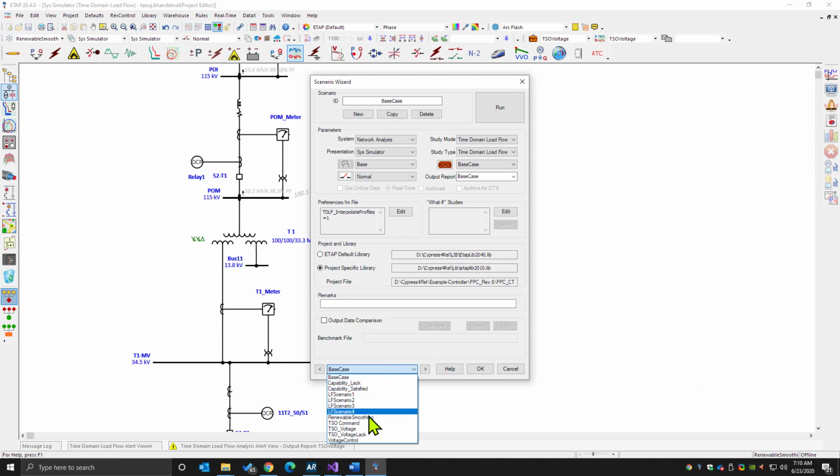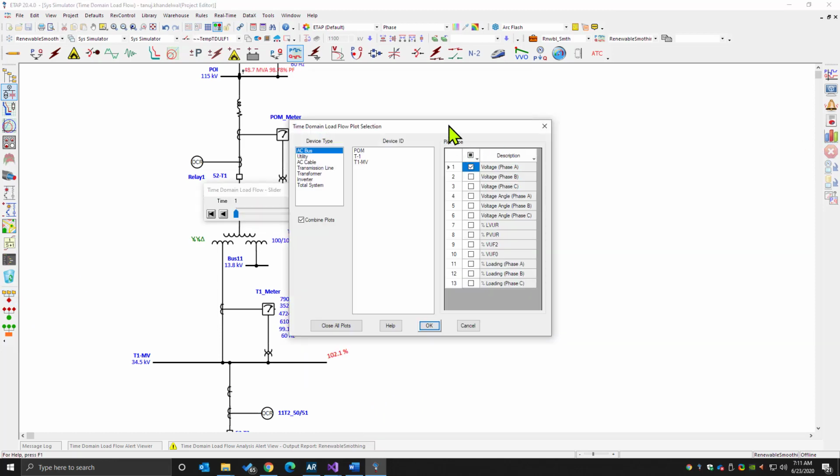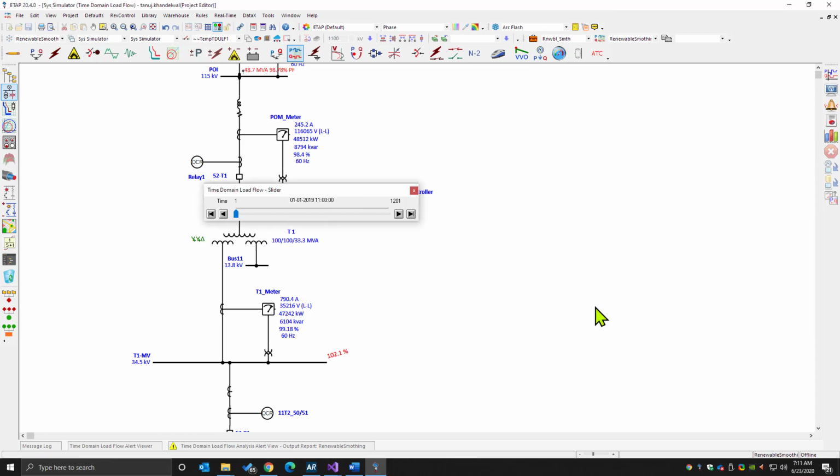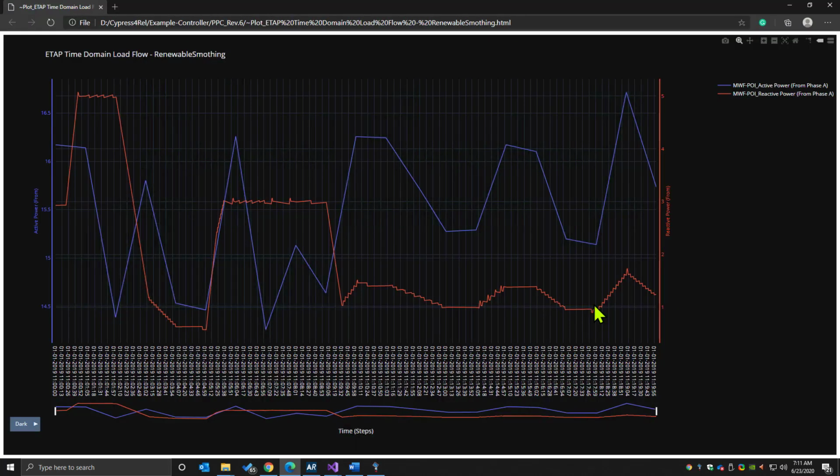So we'll go ahead and run our simulation for renewable smoothing, and once our calculation is completed, we can go ahead and look at our tie line once again in terms of real and reactive power and see what kind of impact our energy storage device is making in the system. So here we can see that the active and reactive power is fluctuating drastically.